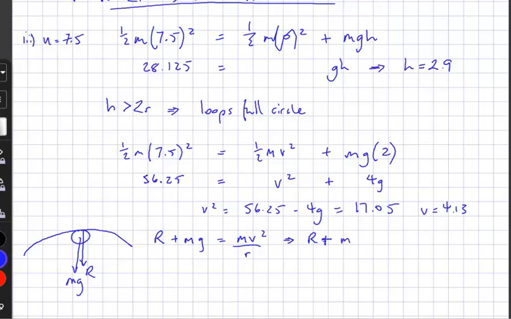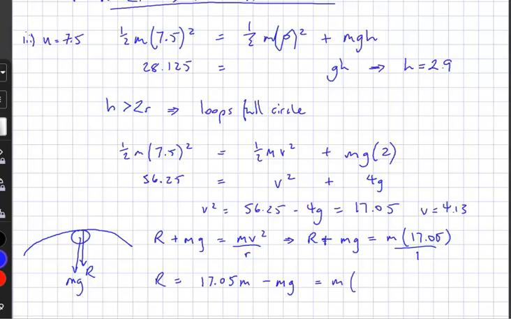Let's put in the v squared and the radius, which is 1. Just tidying that up, we can get a reaction of 17.05 lots of m minus mg.